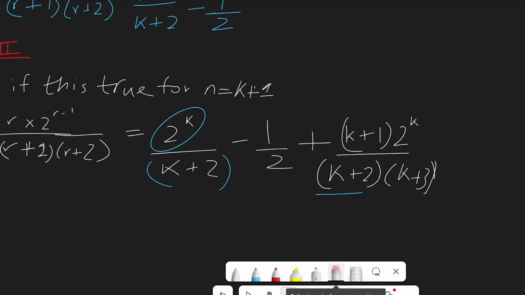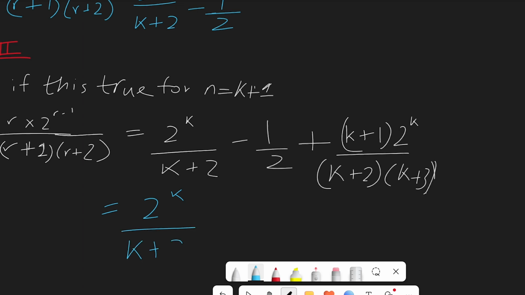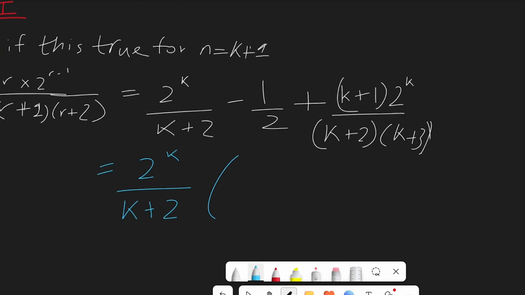What else do we need? I'll just use the blue pen again. So 2 power k over k plus 2. So 2 power k would be common and k plus 2 would also be common. And then we would have just a 1 over here because all the fraction has been snatched away.